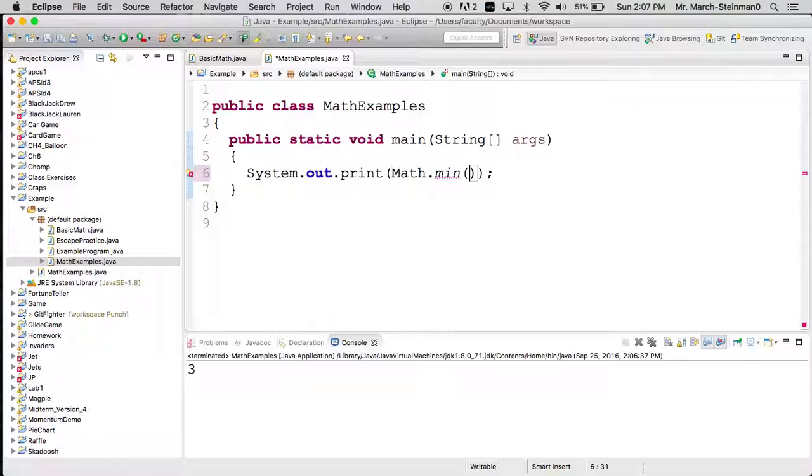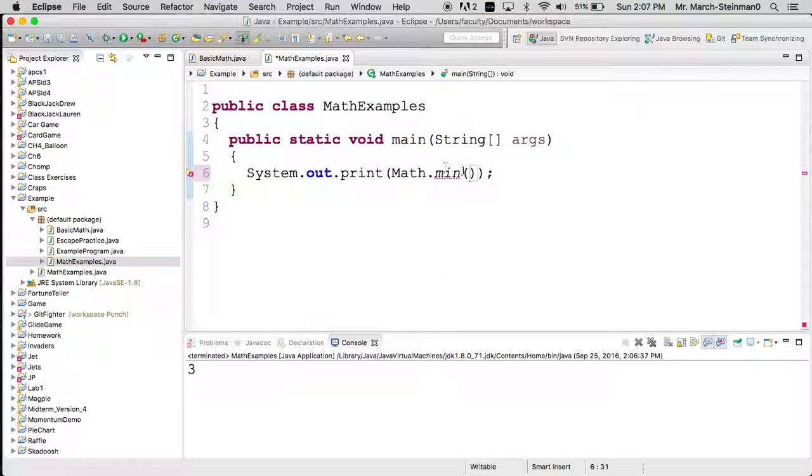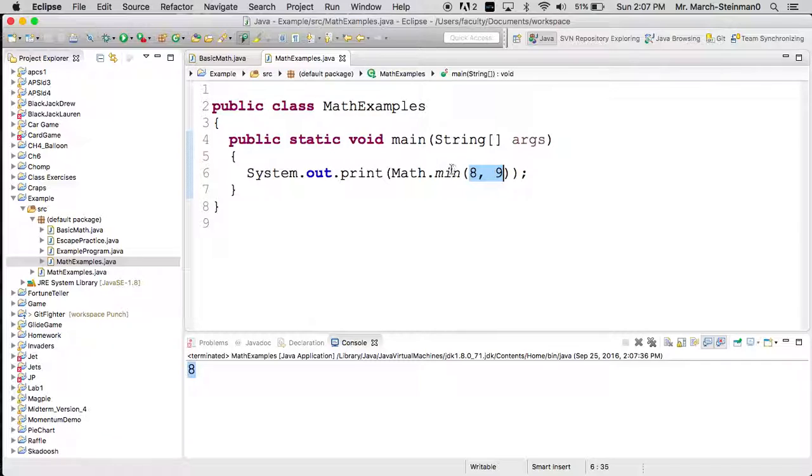And for the min function, we'll mouse over and we see that it says we have to have an integer and an integer to compare. This would work for doubles as well, but the standard one that comes up first is integer. So let's say I want to compare 8 and 9, and let's see what prints out. It'll print the lower value, 8, of the two values 8 and 9.